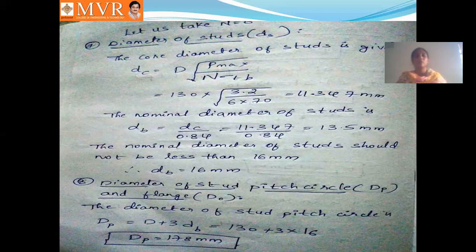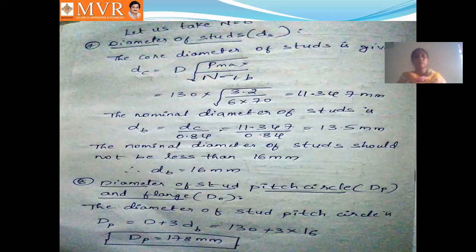Now the nominal diameter, here we will find out two types. One is the diameter of bolts or studs, and also the outer diameter of studs we will find out. The nominal diameter of studs is dB is equal to dc plus dc by 0.84.